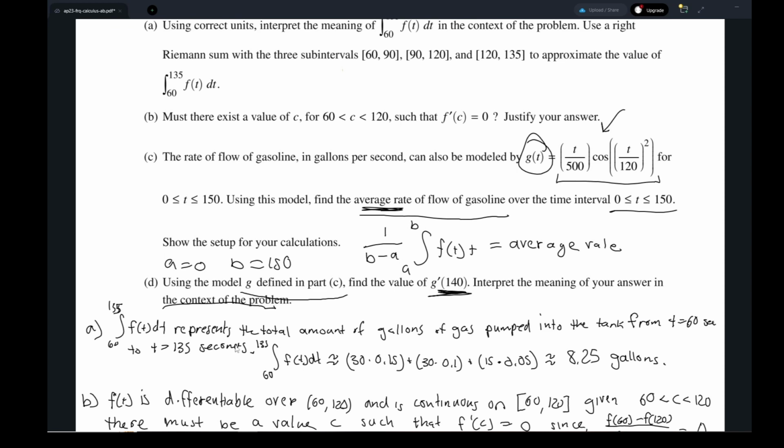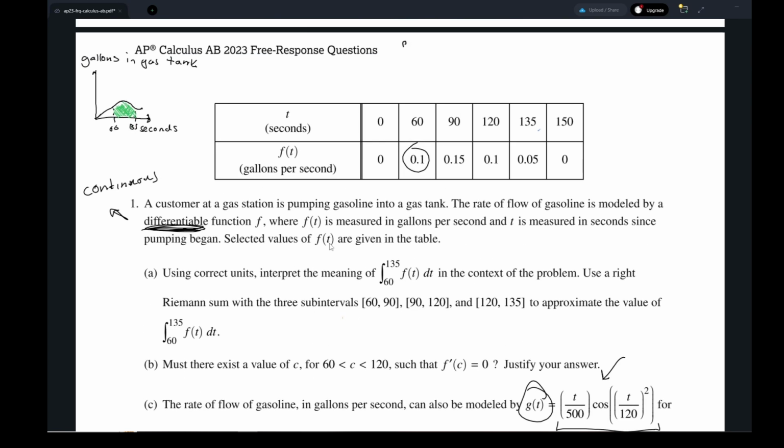Now we have to interpret the meaning of your answer in the context of the problem. Remember how I was talking about how the integral goes back in time, or removes the per time.